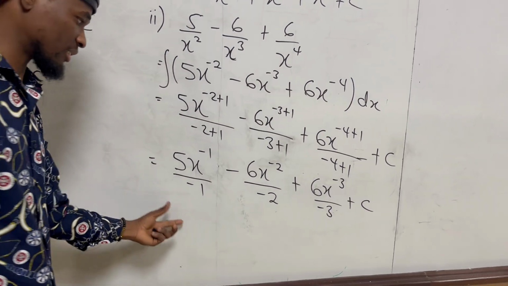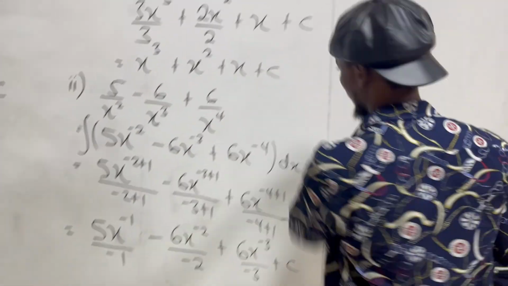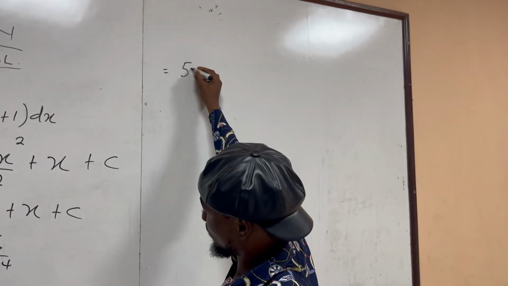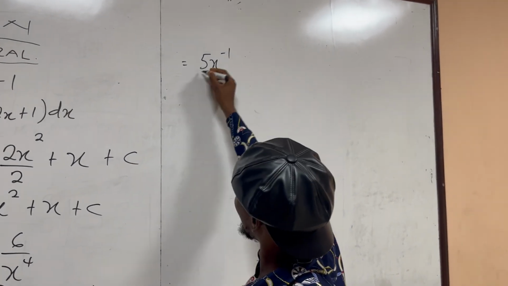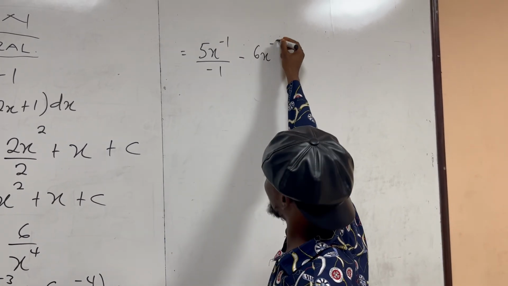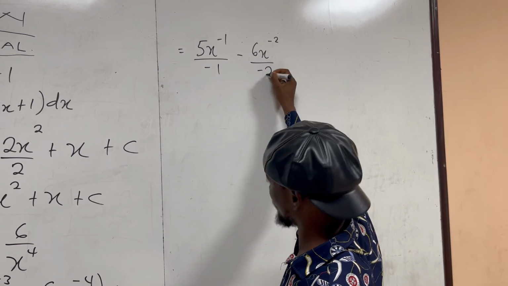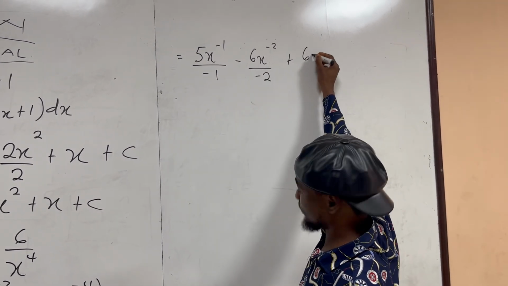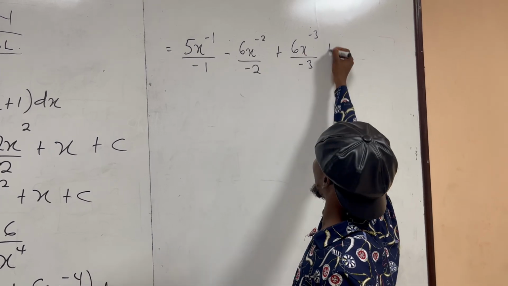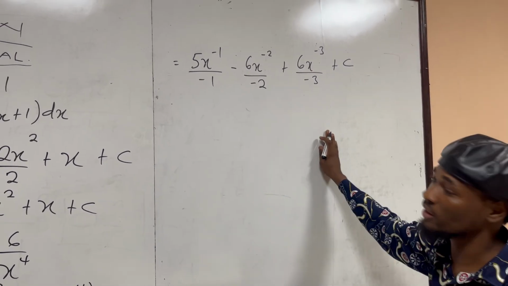For want of space, let me rewrite this over here. So I have 5x to the power negative 1 over negative 1, minus 6x to the power negative 2 over negative 2, plus 6x to the power negative 3 over negative 3, plus my constant of integration.